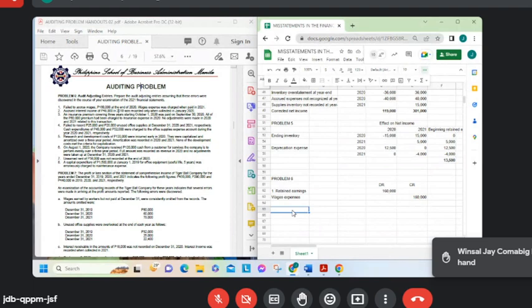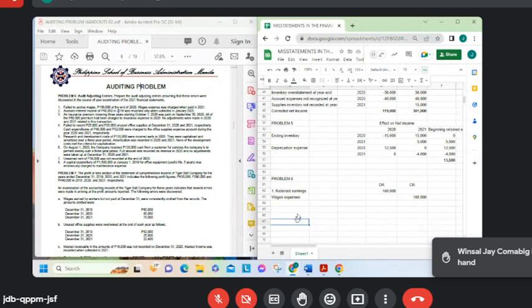This resulted in an overstatement in net income in 2021, since it was only recorded at the time when it was collected. That will result in understated retained earnings beginning.